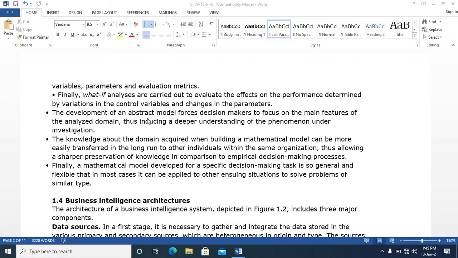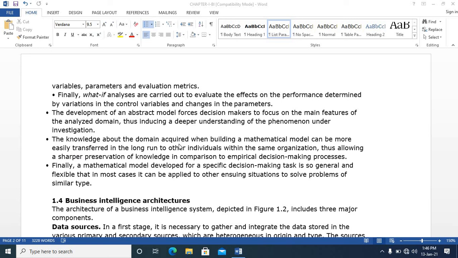The development of an abstract model forces decision makers to focus on the main features of the analyzed domain, thus inducing a deeper understanding of the phenomenon under investigation.